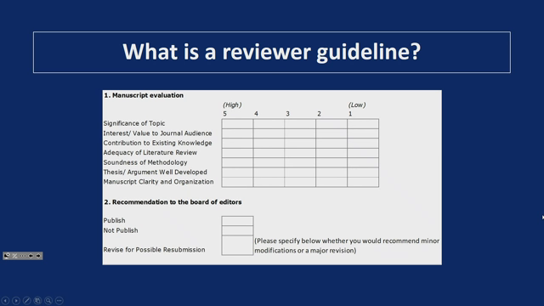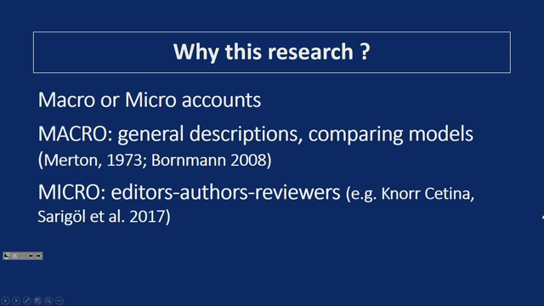So why is it interesting to study reviewer guidelines? Basically because there is a research gap in our understanding of peer review. So far, studies have adopted either a very general point of view on the functioning of peer review, a macro perspective, comparing different models, for example, or a micro perspective, focusing on the relationship and interaction between editors, authors, and reviewers, which are dependent on the very specific situation.